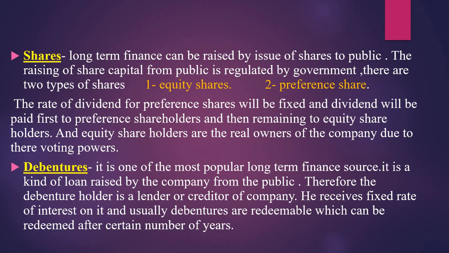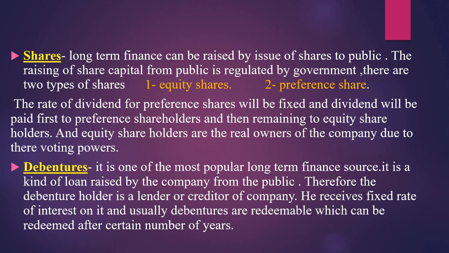There are two types of shares. One is equity shares, the second is preference shares. The rate of dividend for preference shares will be fixed and dividend will be paid first to preference shareholders and then the remainder to equity shareholders.